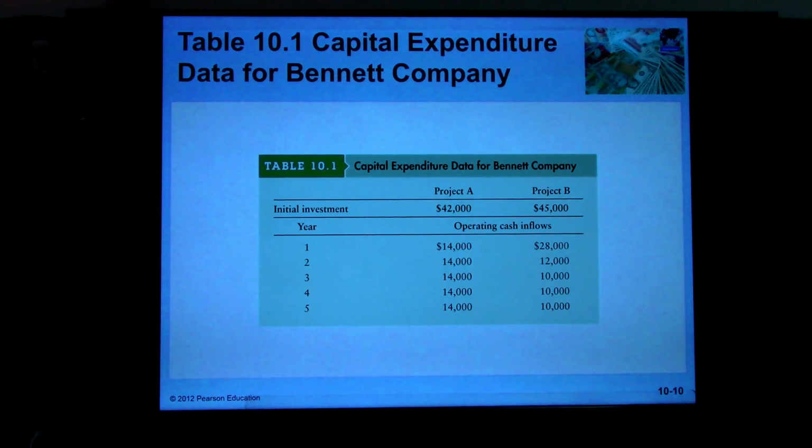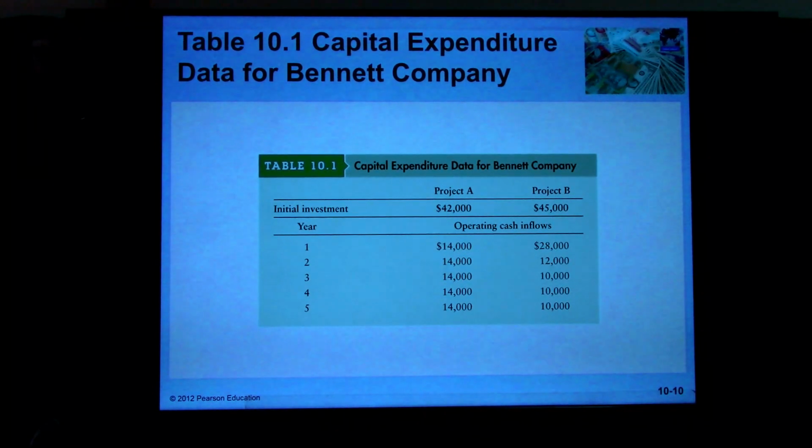Cash outflows will be in the shape of an initial investment. In project A, the initial investment is 42,000, and the cash inflows are 5 cash flows at the end of year 1 up to year 5. The same situation applies for project B. We have an initial investment.